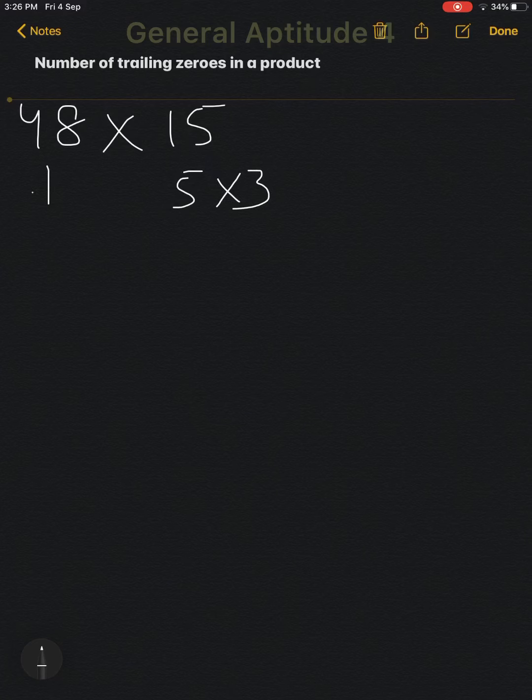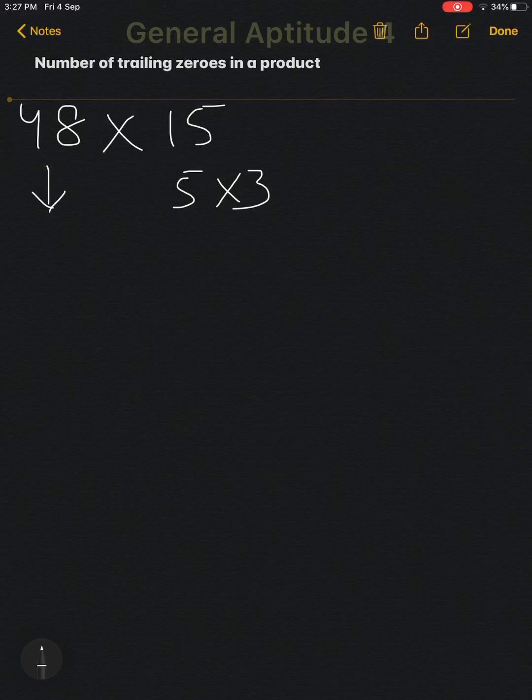For example, suppose you have 48 into 15. So you can see here this is 5 into 3, and you have to decompose this 48 into its factors.